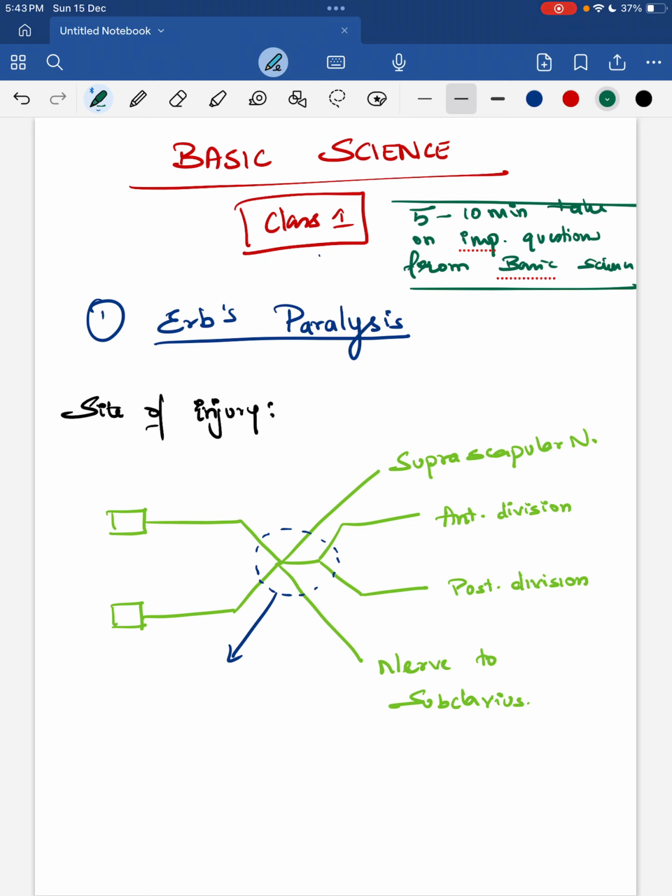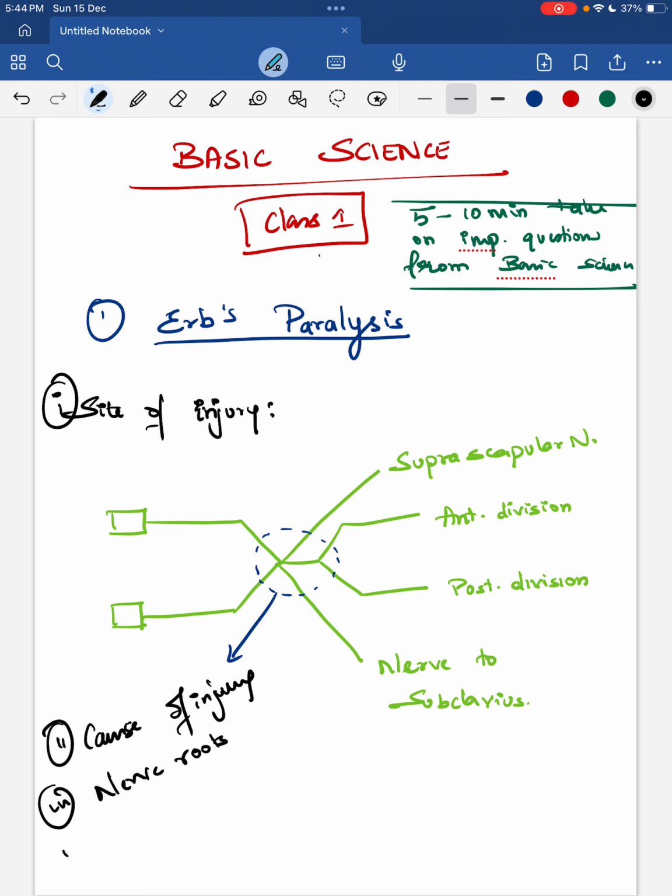For all the paralysis that they are asking, you have to write the site of injury, cause of injury, nerve roots that are getting involved, deformity and disability. These are the 5 subheadings. So I'll write it here. The 5 subheadings: one is your site of injury, second one will be your cause of injury, third subheading will be your nerve roots that are getting involved, fourth one will be your deformity.